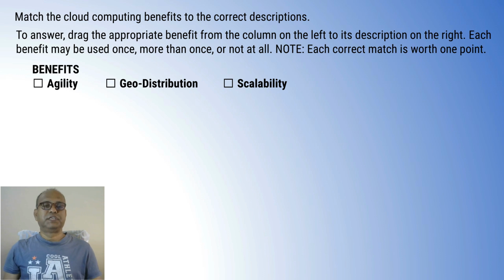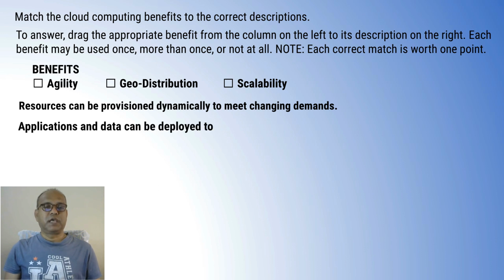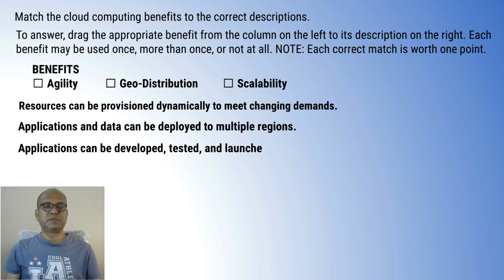Benefits: agility, geo-distribution, scalability. Resources can be provisioned dynamically to meet changing demands. Applications and data can be deployed to multiple regions. Applications can be developed, tested and launched rapidly.